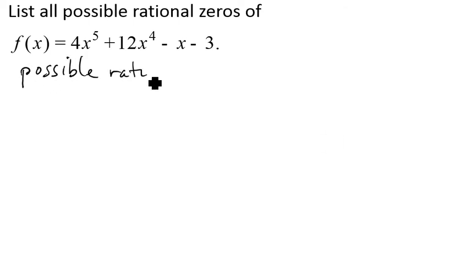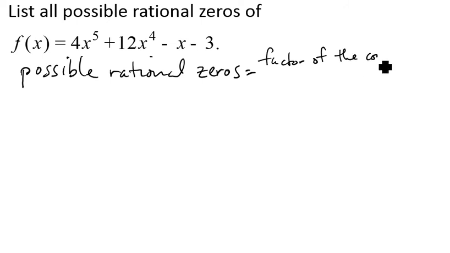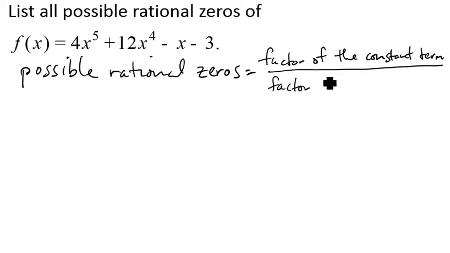So it says that if there's a rational zero, its numerator is a factor of the constant term and its denominator is a factor of the leading coefficient.